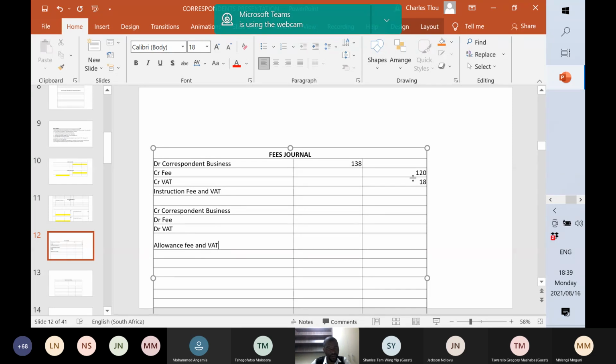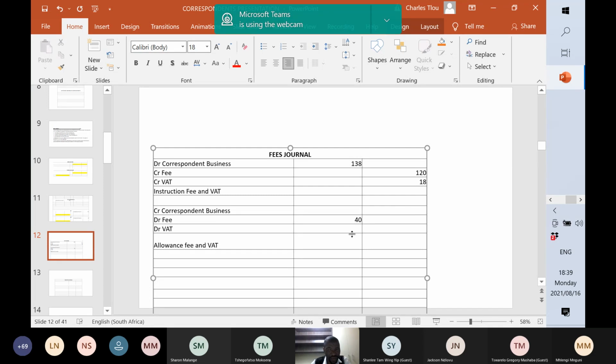Now let's come here on the values. How much is the third of 120? It's 40. It's 40. Now remember, this is a fee, the 40. Now here it says debit it. In other words, we must debit that 40. Therefore, you come here and then you say it's 40 rands. Debited. And then you say, what is the third of 18 rand or 15% of 40 rand?